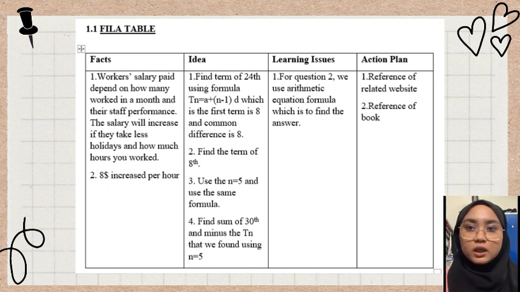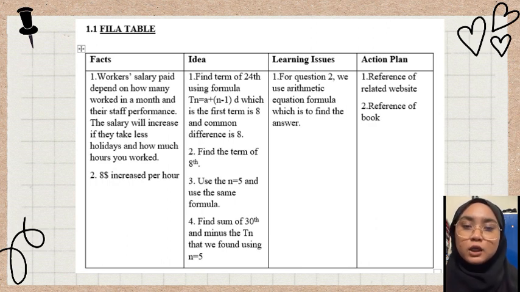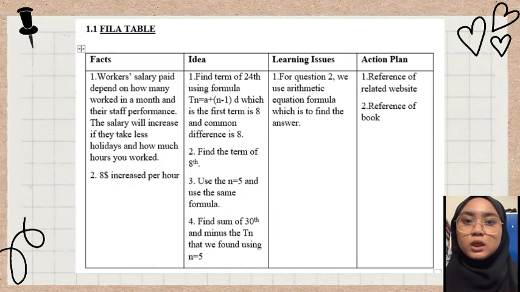The first idea that came up to find the 24th term is using the formula Tn equals A plus (N minus 1)D, where A is the first term and the common difference is 8. Next, find the term of 8 using N equal to 5 with the same formula.